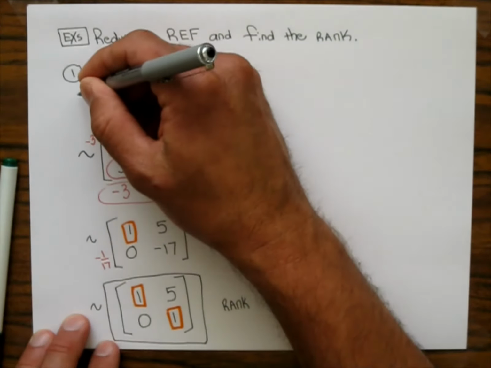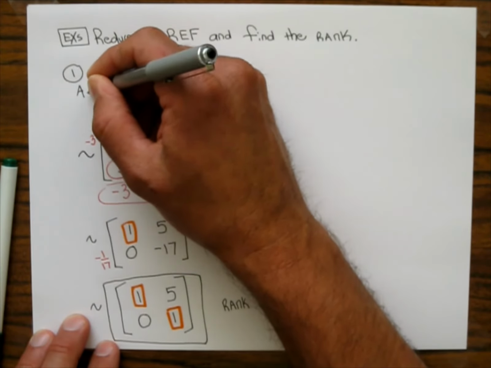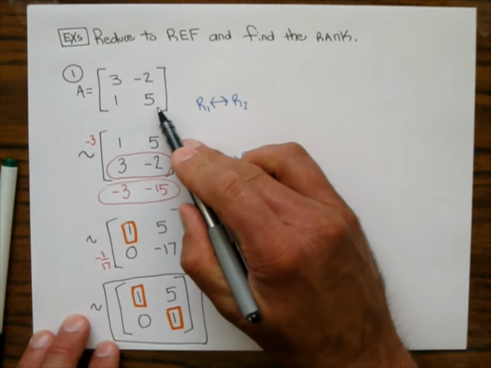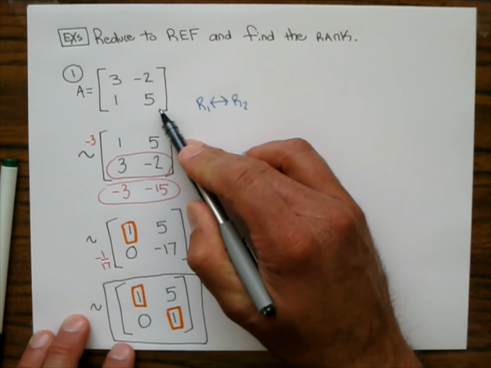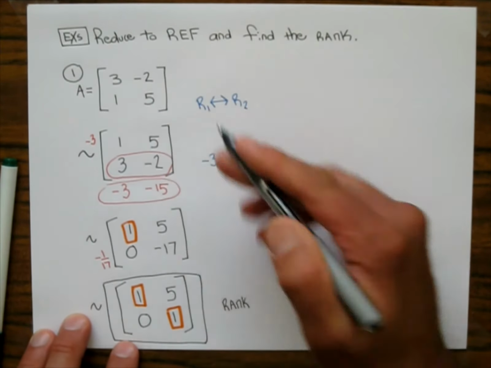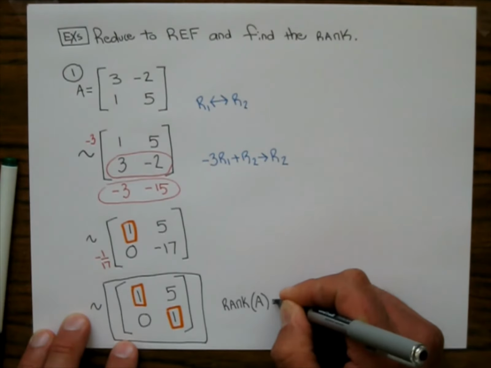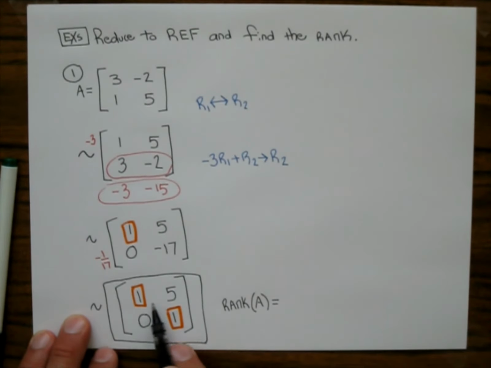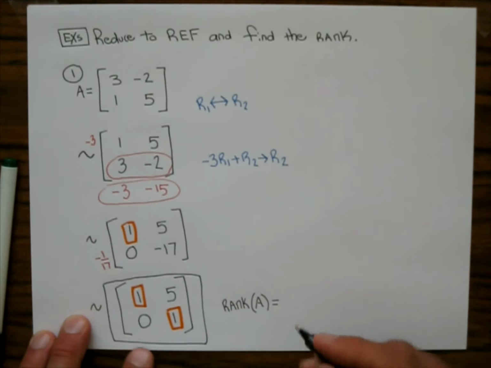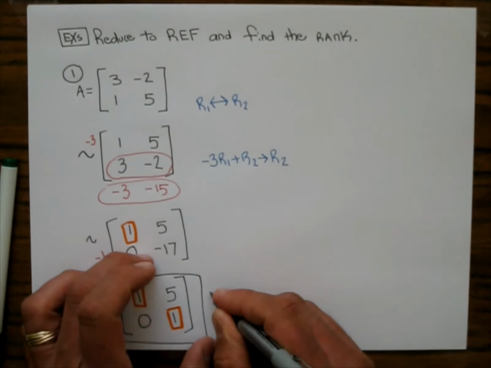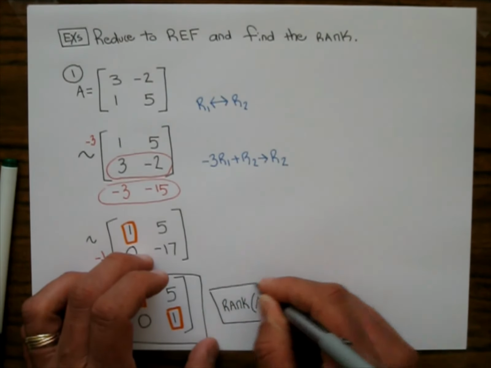So like if this matrix here, which is not in REF, was called A, then to find the rank of A, you look at the rank of the row echelon form. And so the rank is 2, and that completes the problem.